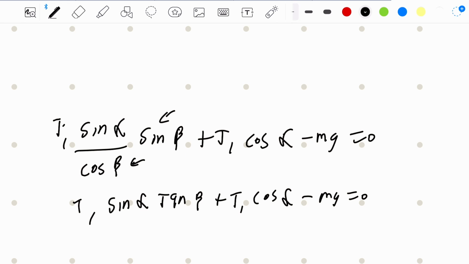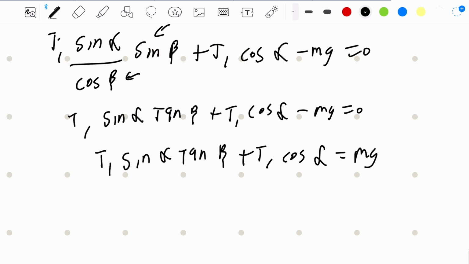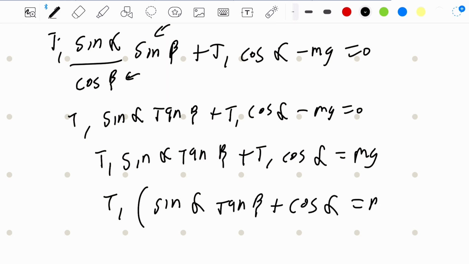So what we can do is we can move the mg over, and we have T1 sine alpha tan beta plus T1 cosine alpha is equal to mg. We can pull the T1 out, we can factor it out, and we have T1 times sine alpha tan beta plus cosine alpha is equal to mg.